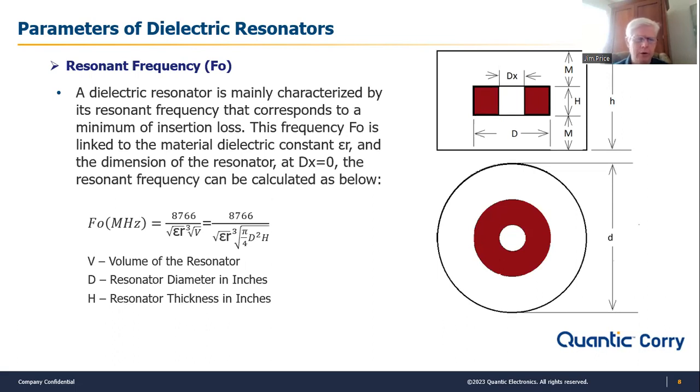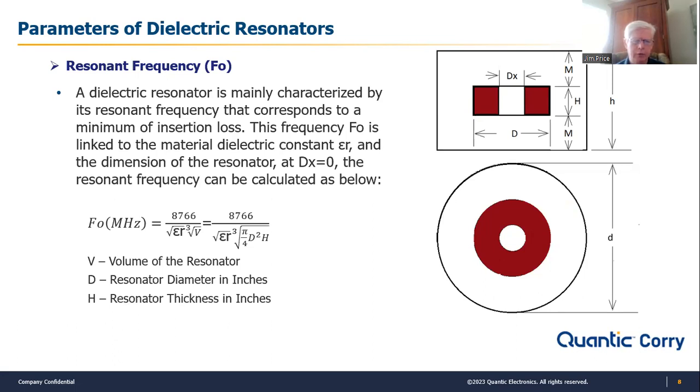Sure. Here, I have included a formula for calculating the resonant frequency of a dielectric cylinder. The important thing to notice on this is that the square root of epsilon r is in the denominator, so that sets the size of the resonator as well.